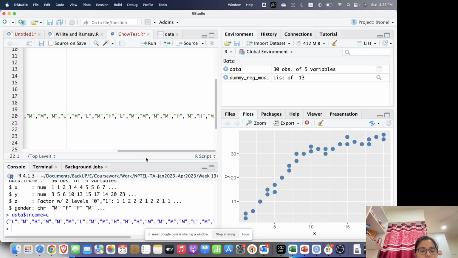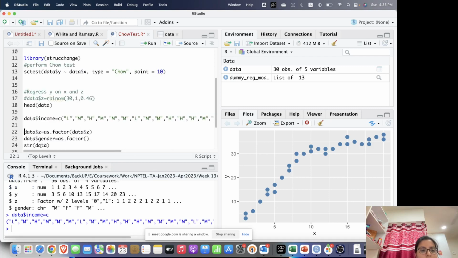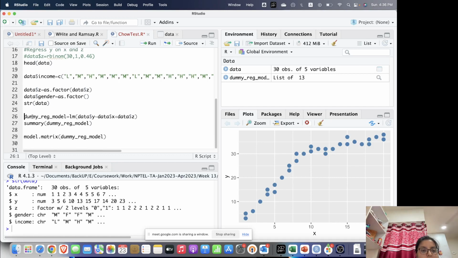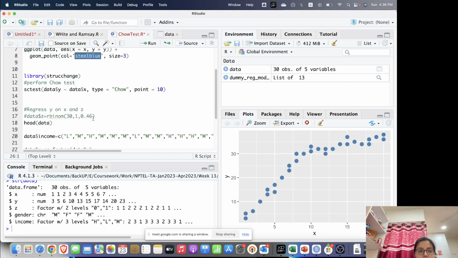Now if I do data.income equal to as.factor of data$income, we'll see this is a factor with 3 levels. So I should essentially have 2 dummies.